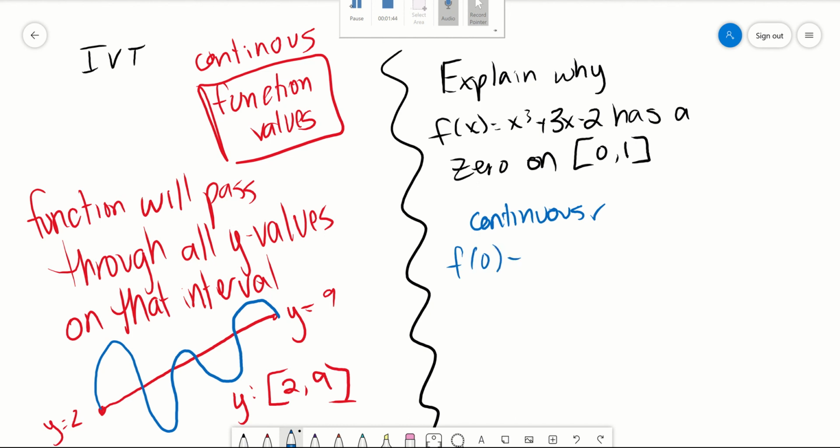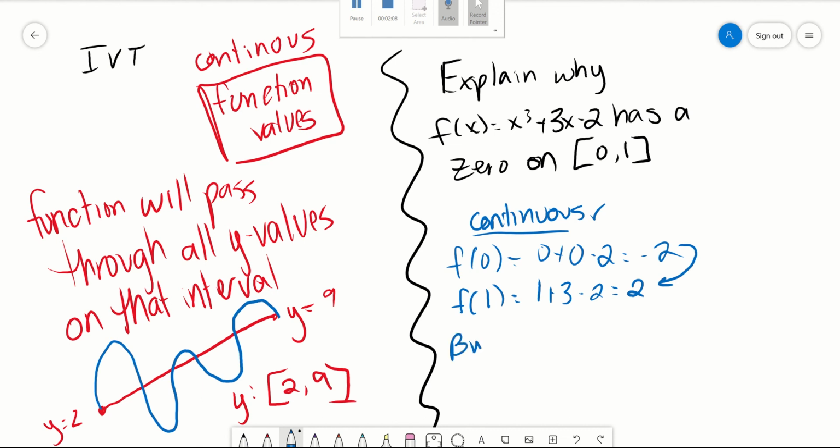So f of 0 is 0 plus 0 minus 2, so negative 2. If we plug in 1, that's going to give us 1 plus 3 minus 2, so 2. Since we said it's a continuous function, and we know it goes from negative 2 to positive 2, that means it's going to pass through 0 somewhere.